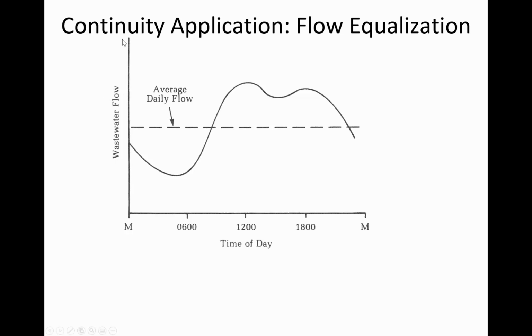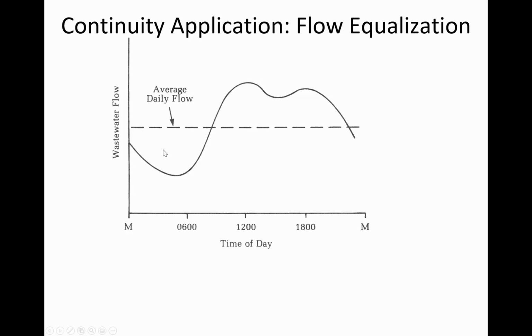And so the continuity equation says that there has to be a balance between the extra water that's entering the wastewater network in the afternoon and the below average daily flow at night and in the early morning hours.